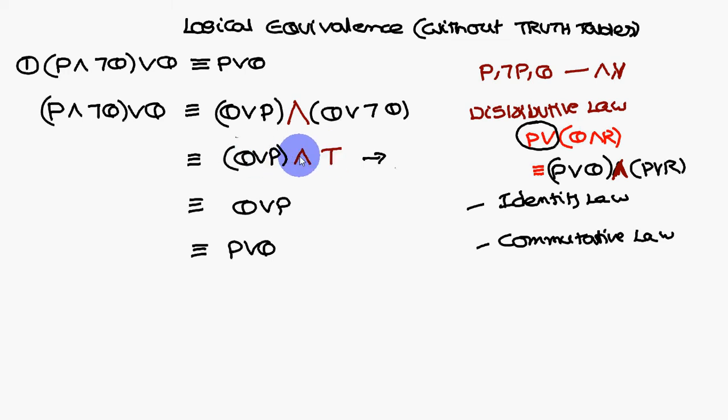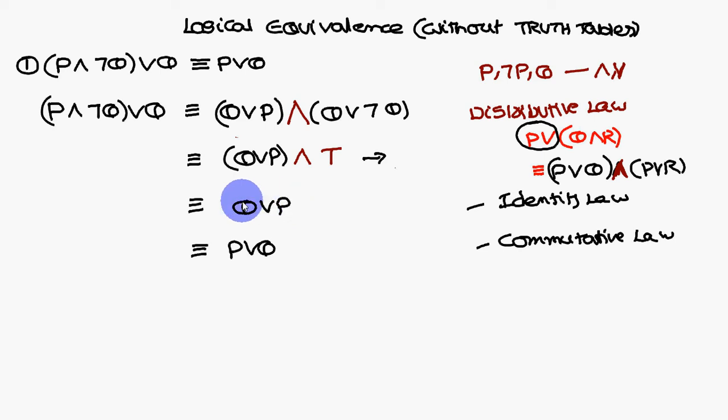So we have (Q or P) and T. AND says both should be true, so whether the answer is true or false depends upon Q or P. Therefore write Q or P. This is called the identity law.